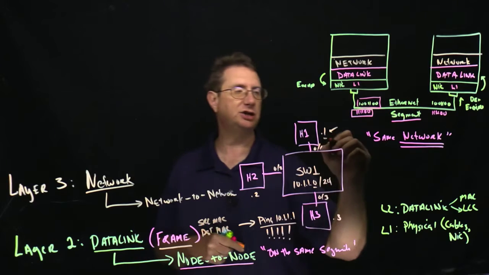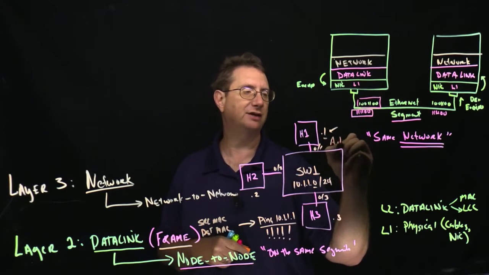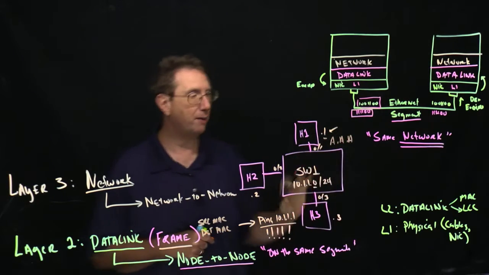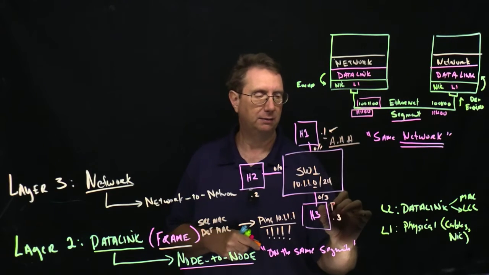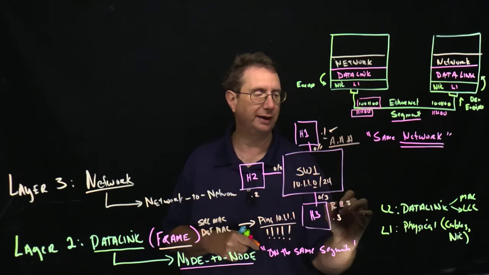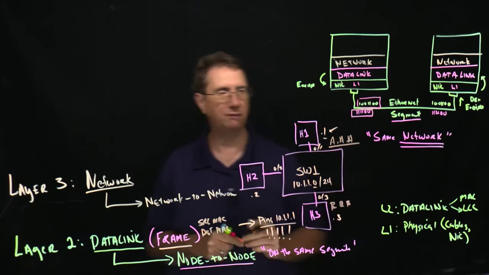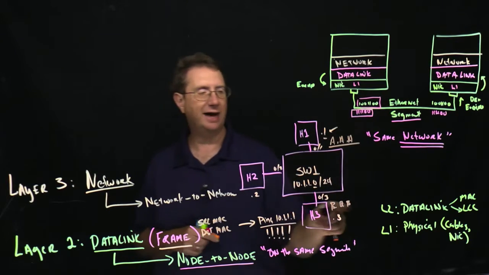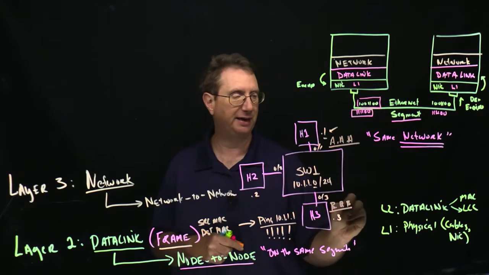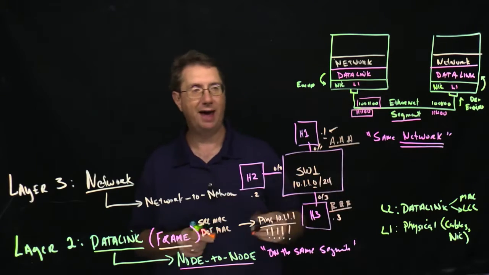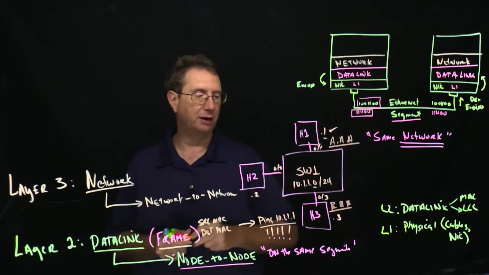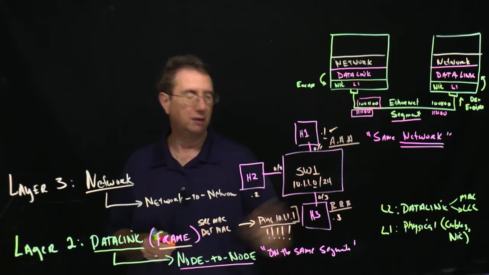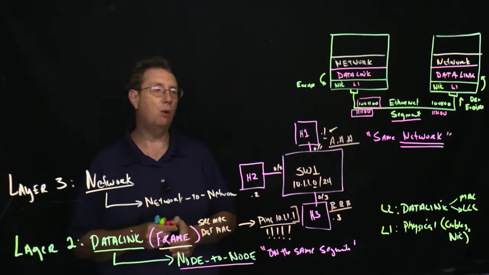So in this instance, let's just pretend that this guy has a MAC address of A.A.A. Now that's not the proper format, but it's just the way I'm representing it. B.B.B. When we get into switching, we'll get into all of the components. So H3 has a MAC address of B.B.B, and H1 has a MAC address of A.A.A. Now, I am saying I want to ping the IP address of .1.